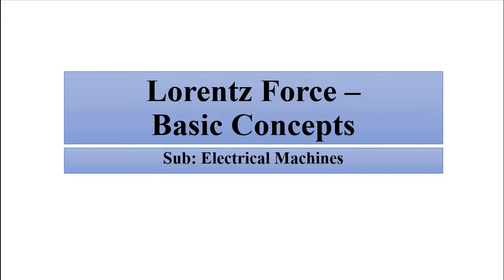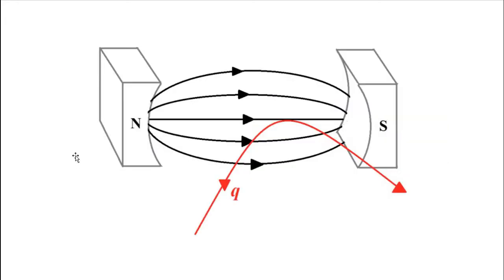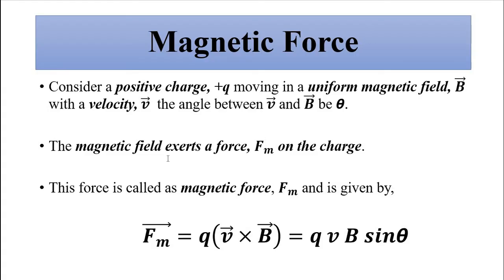We know that when a positive charge moves with a certain velocity in a magnetic field, the magnetic field exerts a force on it, which we have discussed in the first video in this series, and that magnetic force is given by this.